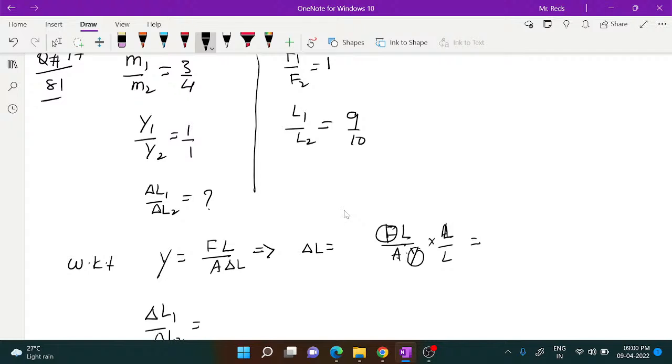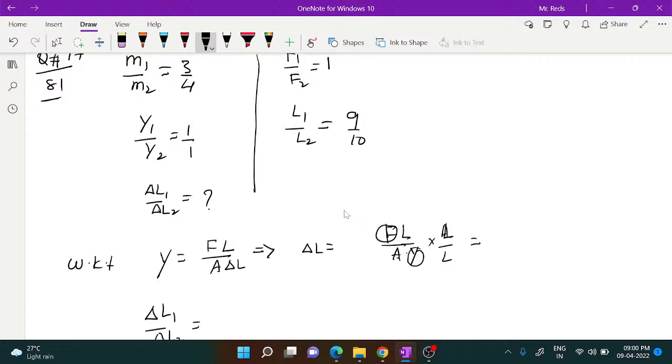Usually the volume remains the same under extension, whatever the length. Under that condition, you can express the volume in terms of mass. It is not that the length is varying, we are taking volume because mass is given. Area is not given, so to express area in terms of mass, you have to convert into volume, then volume into mass.